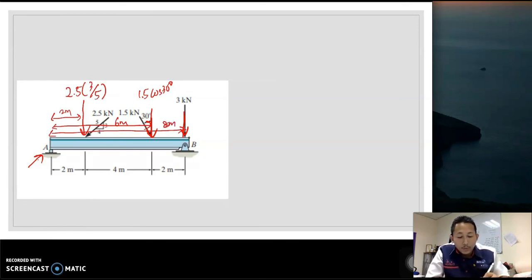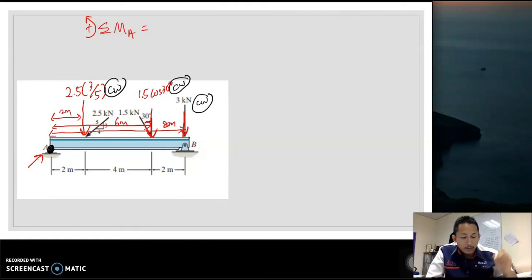Okay, so summation of the moment at A, counterclockwise is positive, is equal to all of the forces acting on the beam that will make it a clockwise direction. So this one is clockwise direction, this one is clockwise direction, this one is clockwise direction.